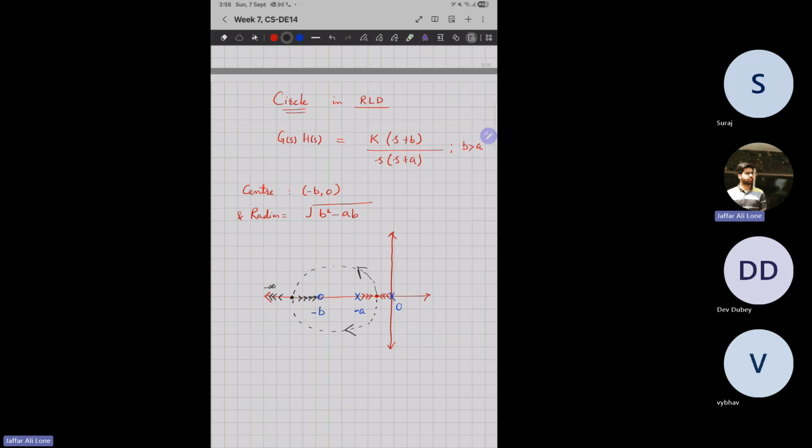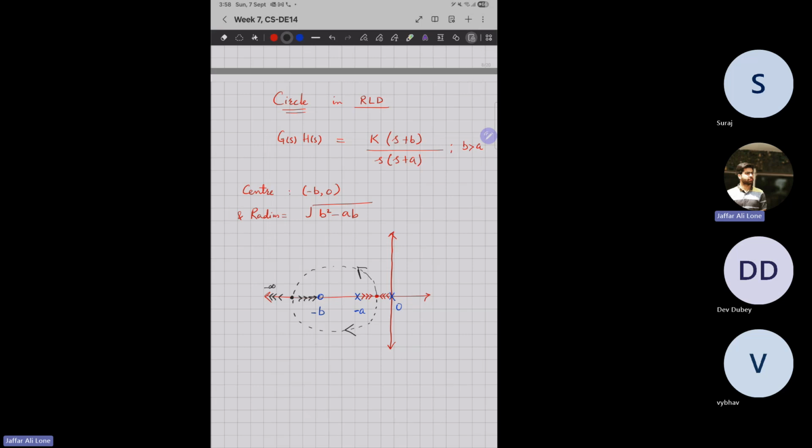So you find this root locus to be a circle. Why? Because there are two poles, and they have to converge to open loop zeros, but there is only one zero. So one pole will converge to the zero, and the other pole will converge to infinity.